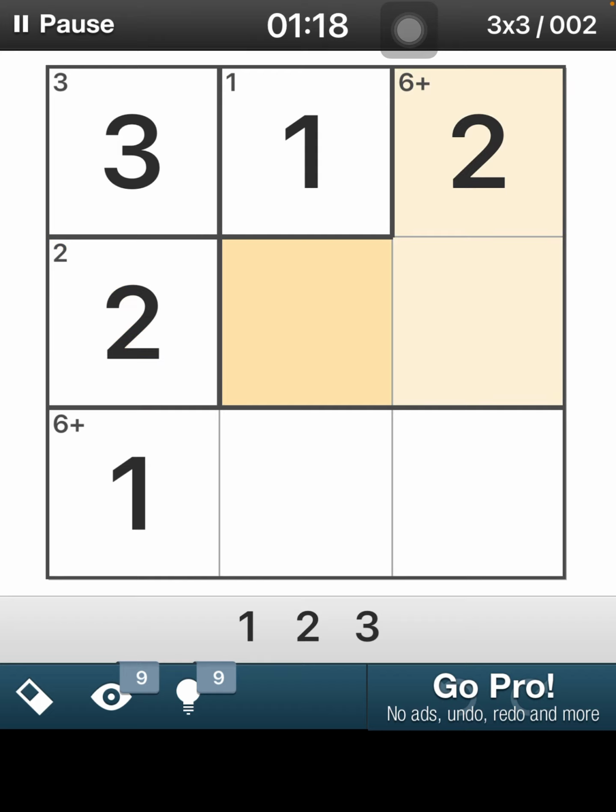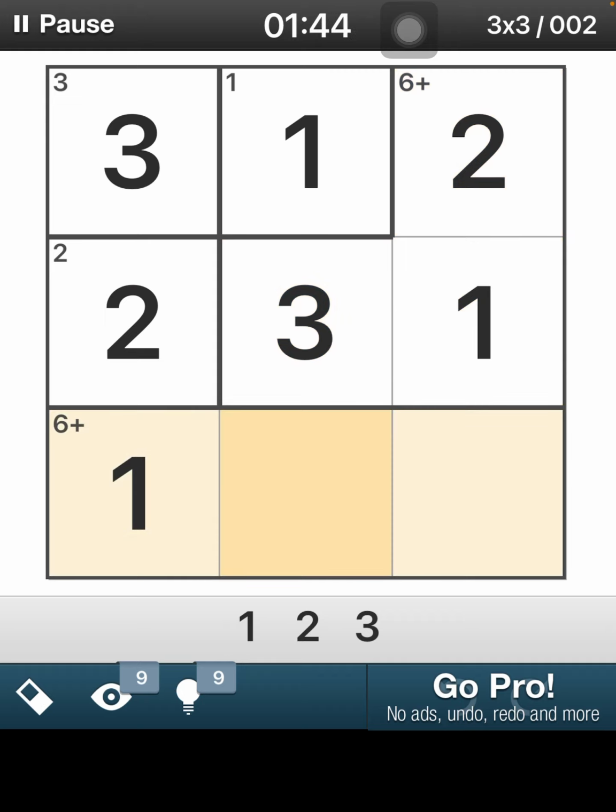I know it cannot be 1 because there's already a 1 in this column. So by process of elimination, I know it has to be a 3. And this one, this square, cannot be a 2 or a 3, so it has to be a 1.